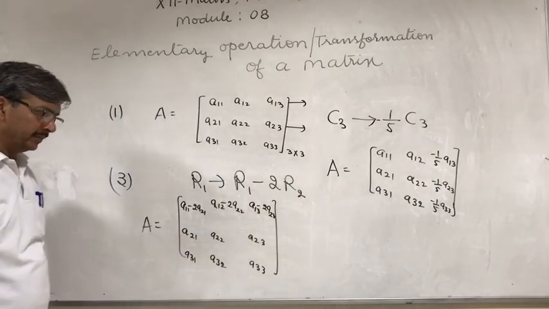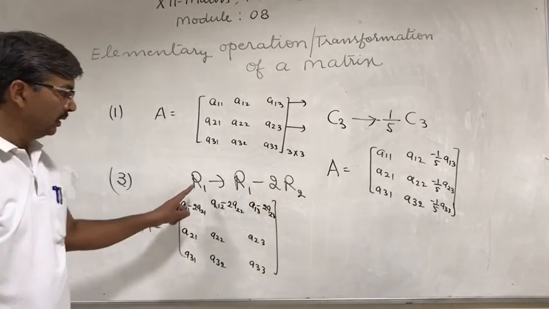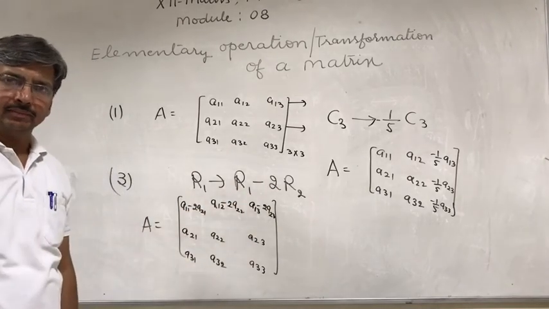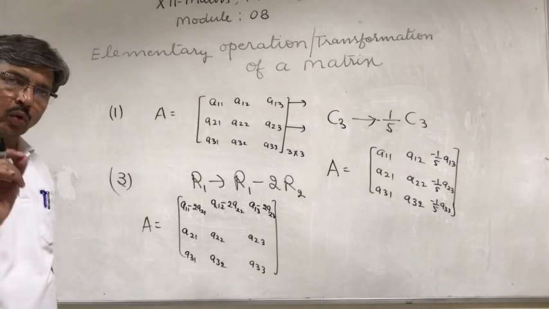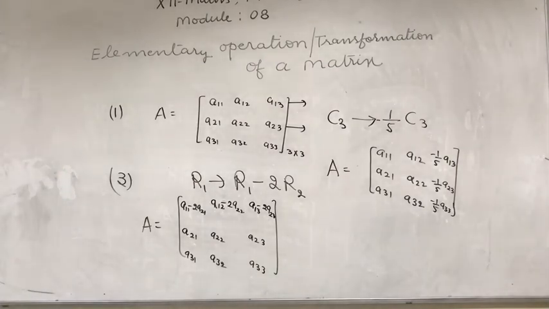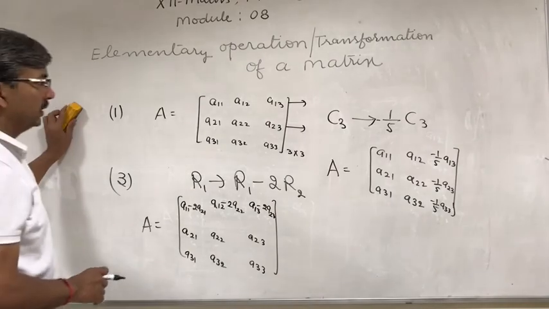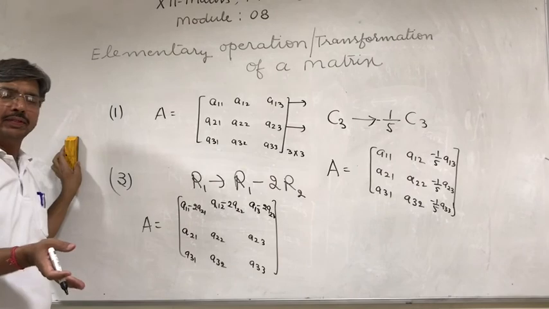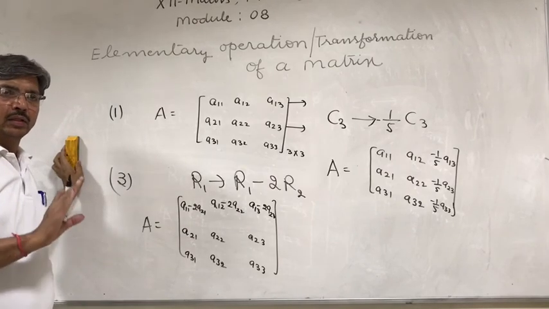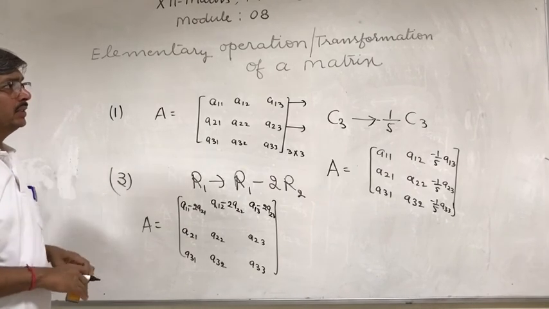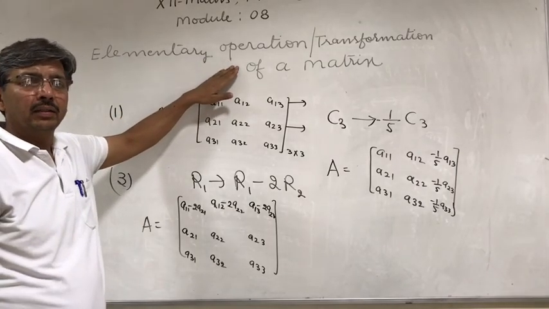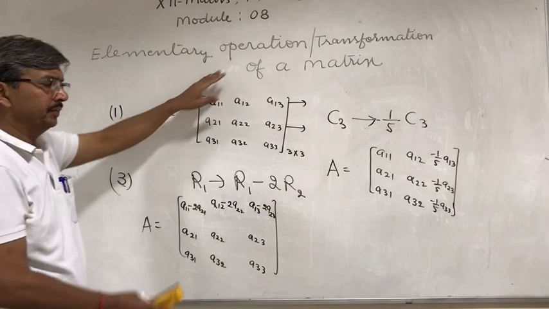Like this we can apply such type of operation, and the same we can apply with respect to column operation. These are the three operations, 3 with respect to columns and 3 with respect to rows. So we will use these operations in finding out the inverse of a matrix.